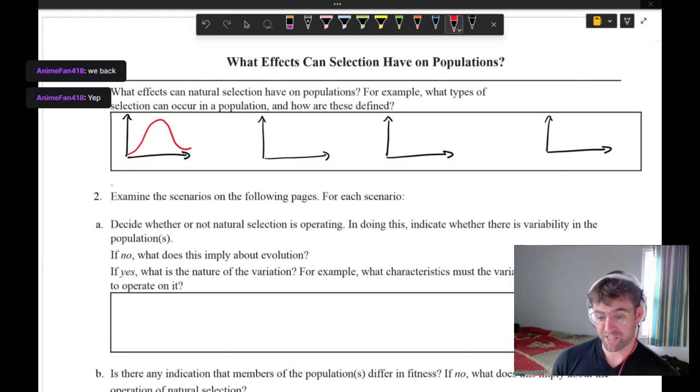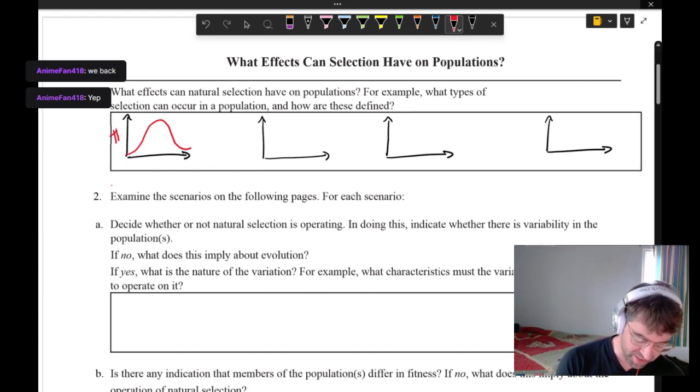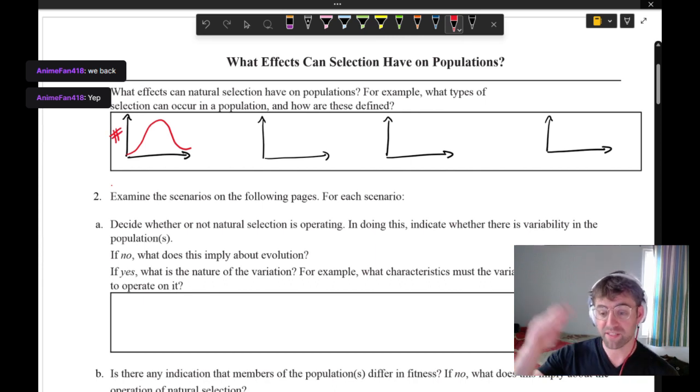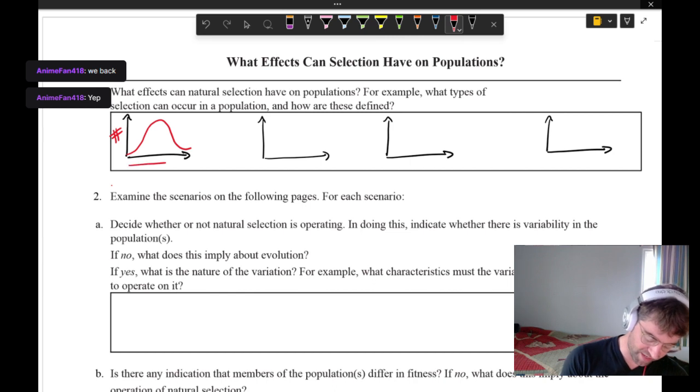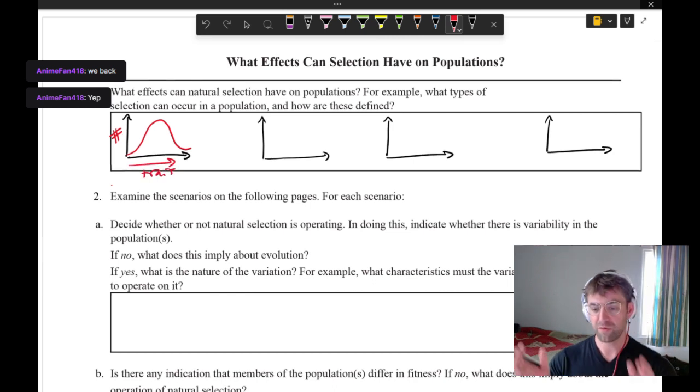Talking about types of selection that can occur in a population, first we need to talk about our baseline and what we're starting with. On our y-axis, we're going to have relative abundance or number of individuals. And on the x-axis, we're going to have the trait, with a greater expression, the greater extreme, at the positive end of that x-axis and less of the trait on the lower negative x-axis, closer to 0.